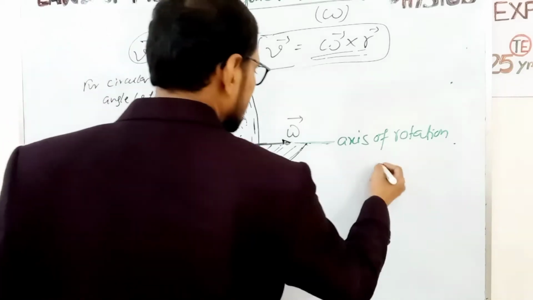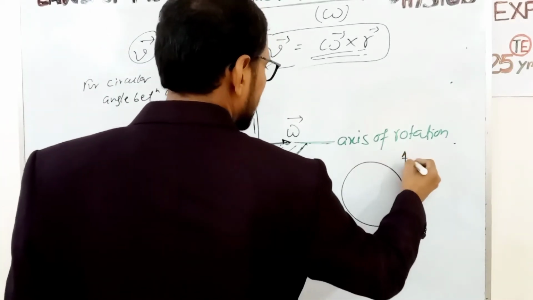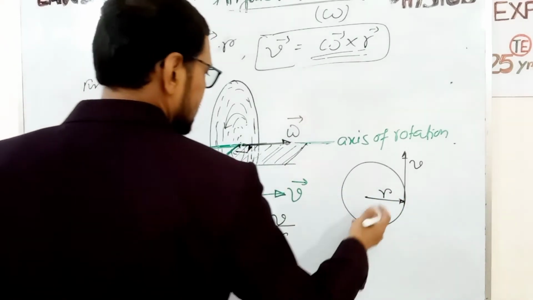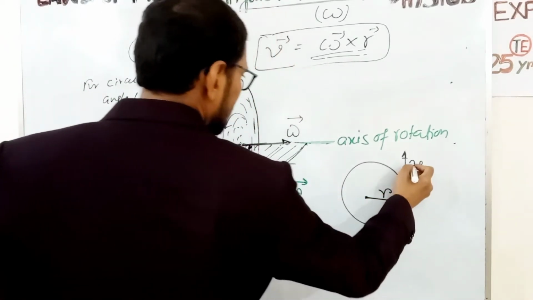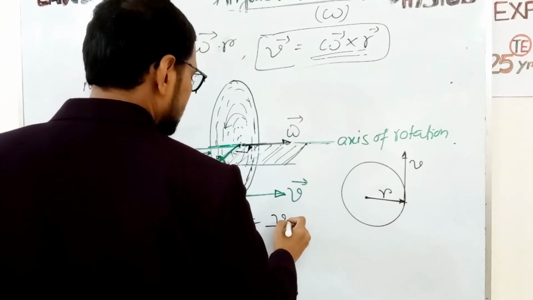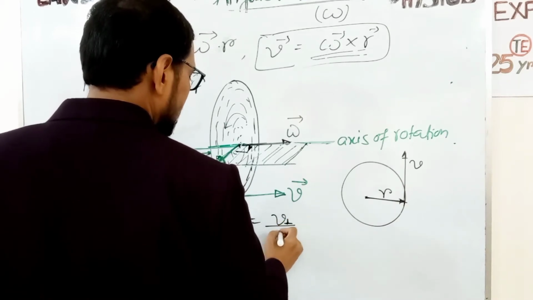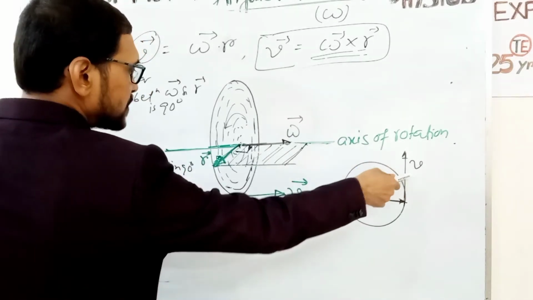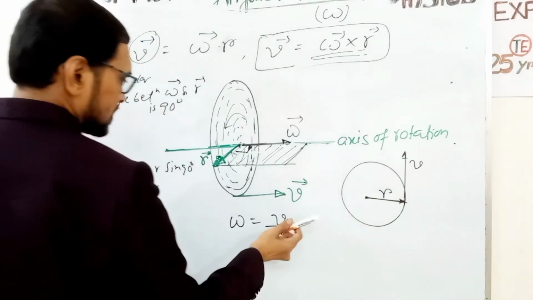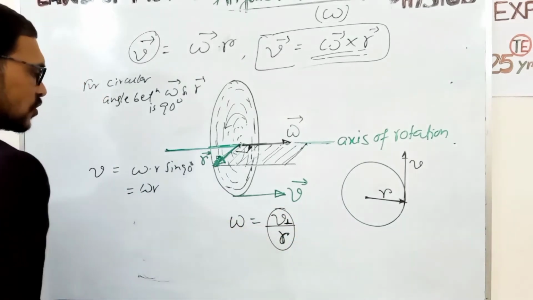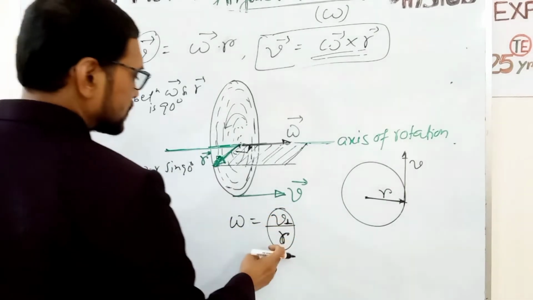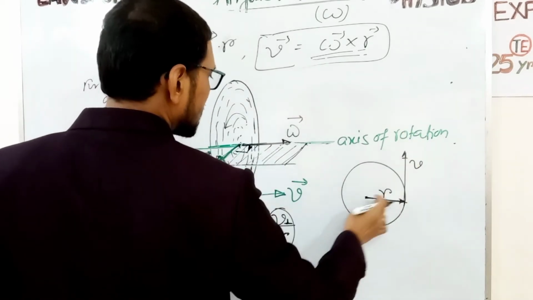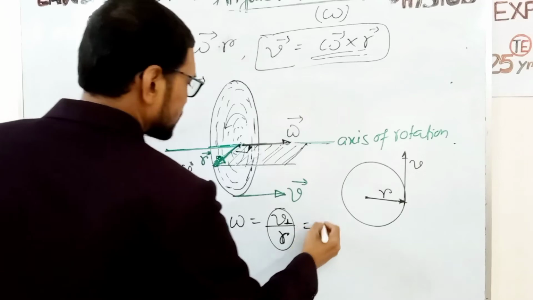In circular motion, v and r are perpendicular. We take the perpendicular component of any velocity with the radius, and omega equals perpendicular velocity by r. In circular motion the whole velocity is perpendicular to the radius, so we take v by r.